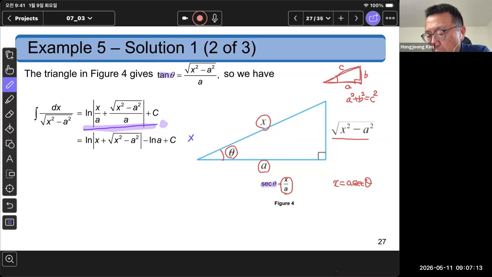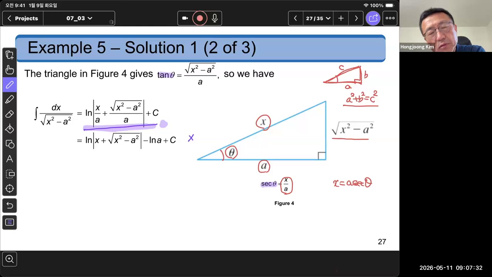So if I use that property, when the hypotenuse is x and the adjacent is a, the opposite will be the square root of x squared minus a squared.